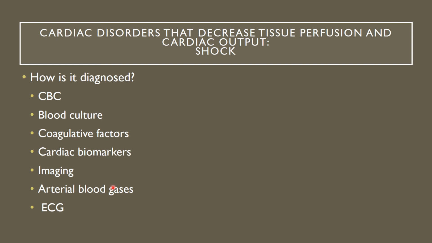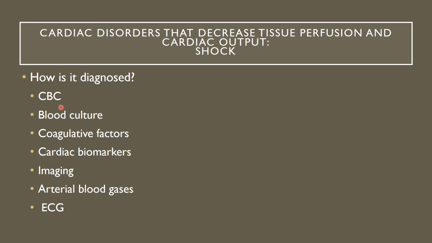Imaging, you're going to be looking for blood flow through arteries. You might even do an arteriograph to look at blood flow. Blood gases, you would be looking for oxygenation levels and carbon dioxide levels, and anything abnormal. So if the oxygen levels are low or carbon dioxide levels are high, maybe in your blood scan.